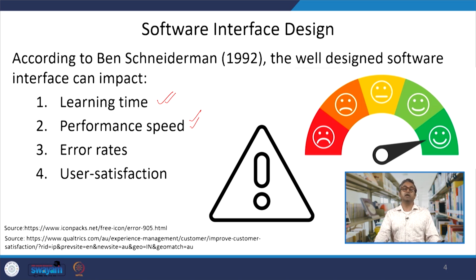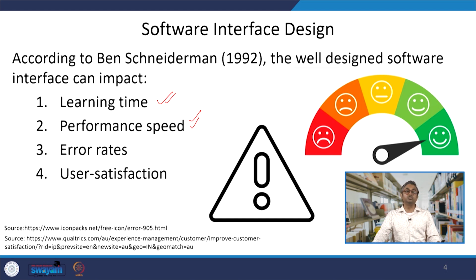A lot of human errors have occurred because the interface is complicated for the user to understand. In the previous lecture, we discussed the interface, and we also understood a few examples of human error disasters such as Chernobyl, Three Mile Island, Bhopal gas tragedy, etc.